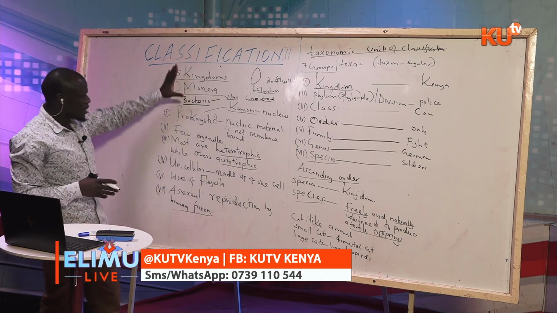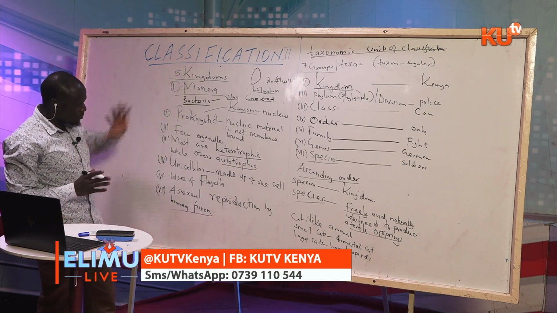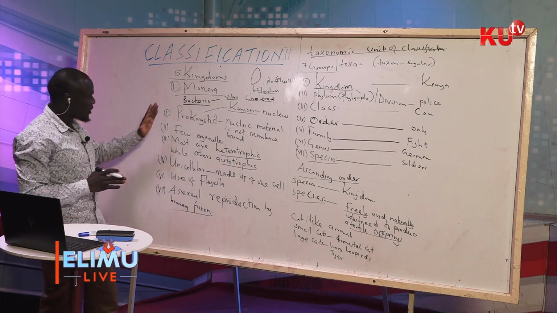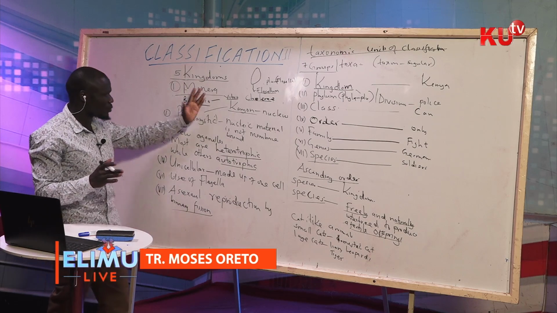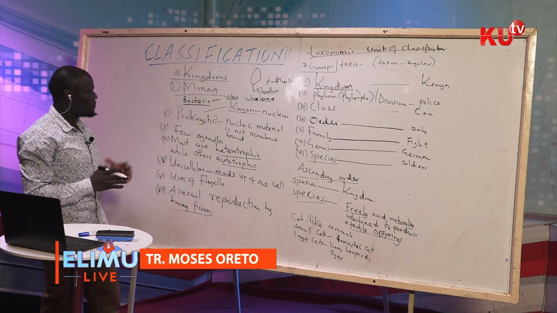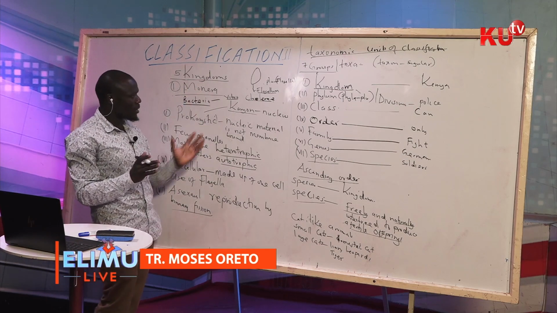Generally, one thing that you need to know, apart from whatever we've covered, because there are other kingdoms that we are supposed to be dealing with, maybe we'll look at them later.